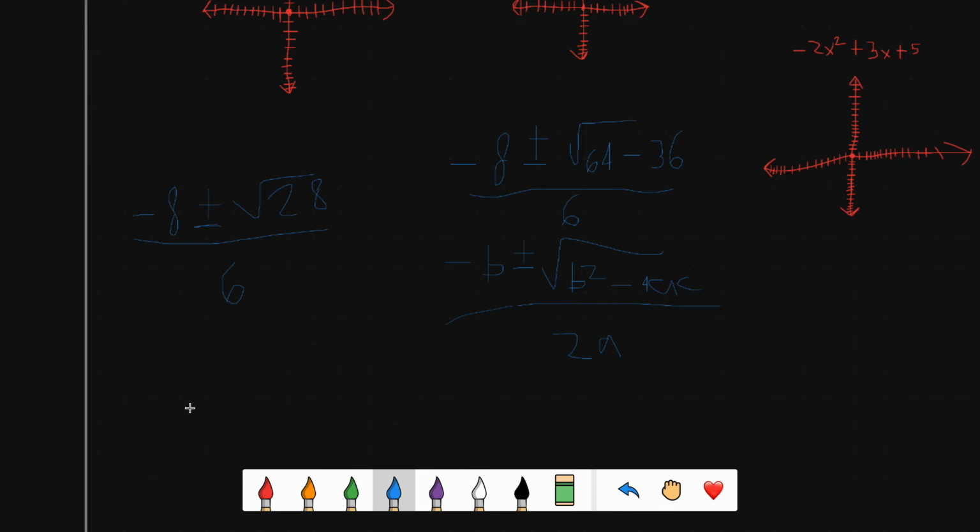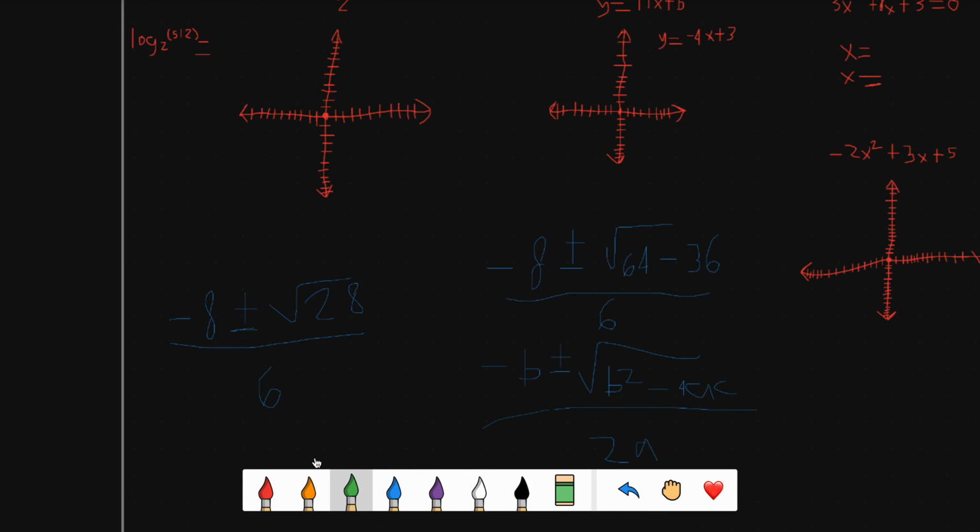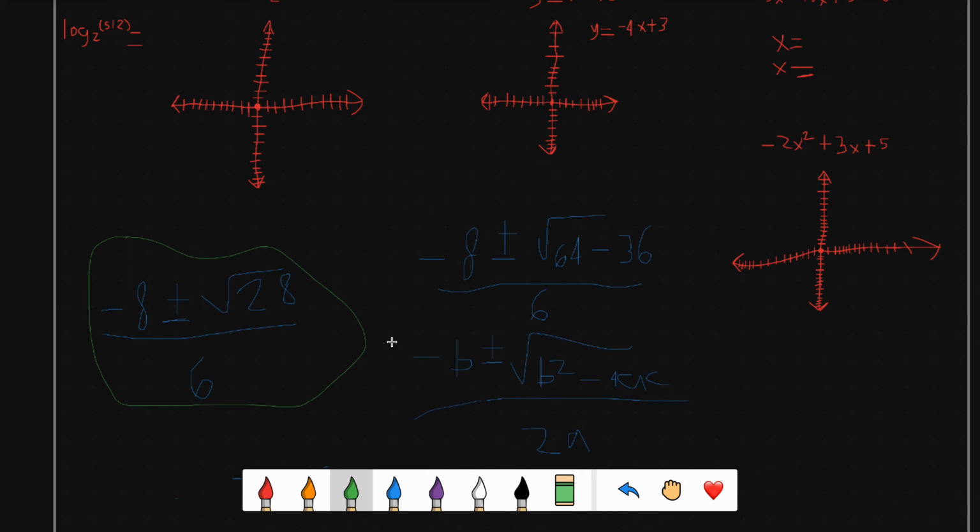So minus 8 plus or minus 2 root 7, over 6. If I'm wrong, please correct me. Sorry about that. The factoring part, I'm not really used to it that much. However, the real answer is actually the one at the top, right here. That's the answer to this.